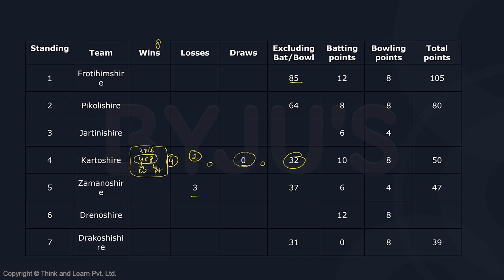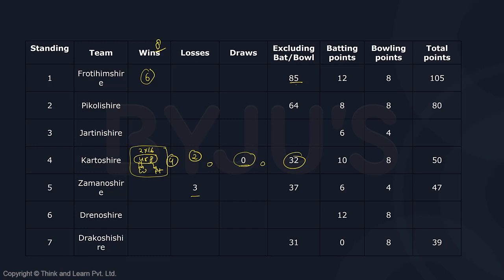Even if you win all the matches, your points will be 48 only, so it cannot go to 85. Am I clear? In the first case, 4 into 8, 4 must be the number of matches won, so 8 must be the points for each win. So even if you win all the matches for F, the points will be 48 only, not beyond that, so it is not possible.